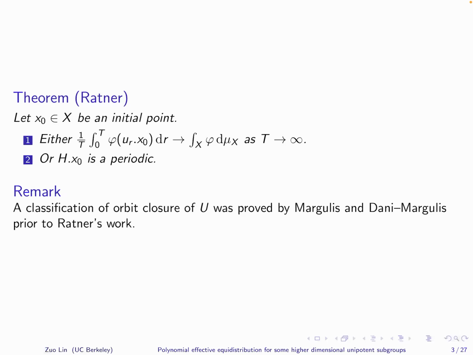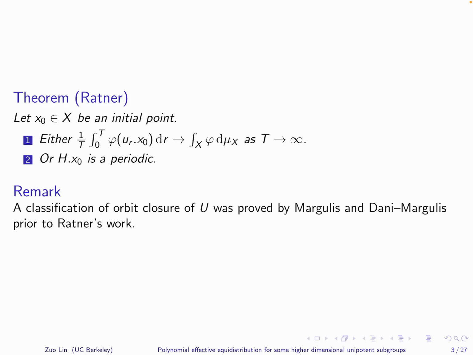For every initial point on my space, I look at this long unipotent orbit and I look at its time average on a continuous function. I should say that this phi in the theorem should be continuous and compactly supported.